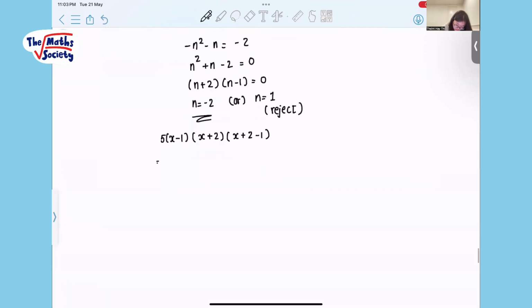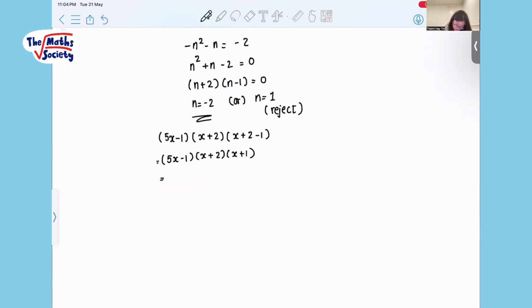So you're going to have like 5x minus 1. Oh wait, sorry, this one's out of the bracket. 5x minus 1, you're going to have 5x minus 1, x plus 2, then you have x plus 1.